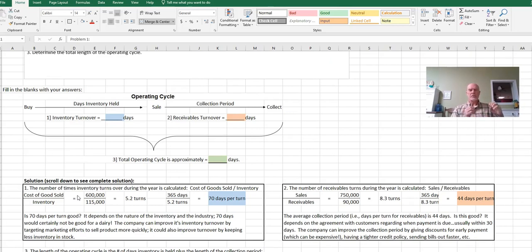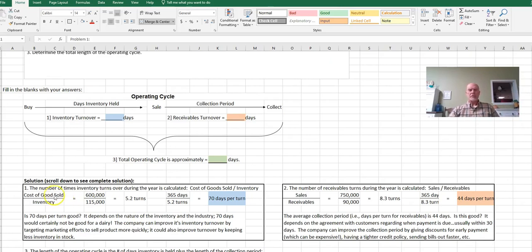So there's different ways to move more product, and that would increase the numerator. Or we could also address the denominator and simply carry less inventory on hand. And so by addressing the numerator or the denominator, we could improve the turnover.